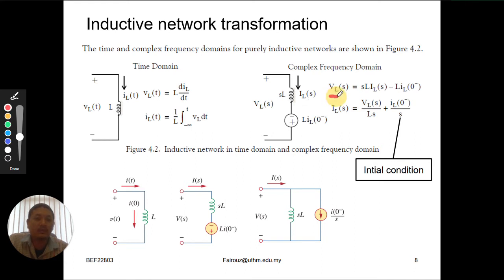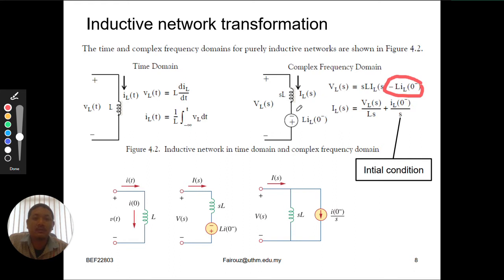As we can see here, the voltage across the inductor, V_L, is now sL times I minus L times i_L(0). This is the initial condition, which is actually an additional voltage source.